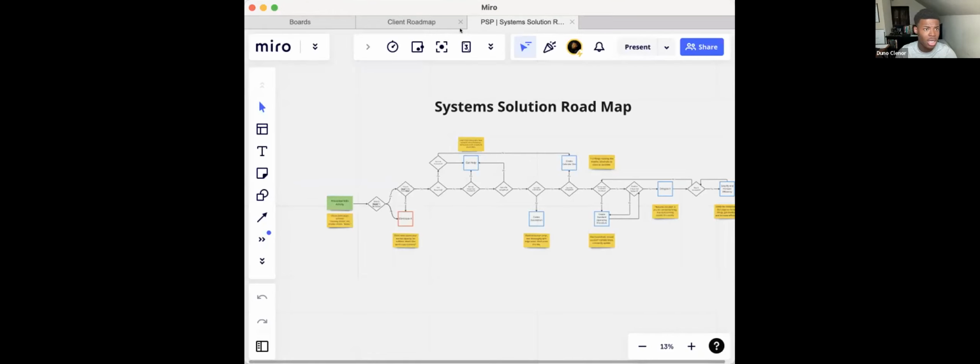So basically, today we're going to mainly be talking about managing people, managing your team, managing VAs as you start to onboard them and hire them.